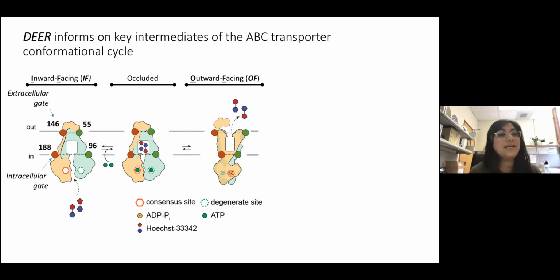So in this case, we can label, for example, BmrCD, 2 sites on the intracellular gate and 2 sites on the extracellular gate. And we can label them with labels that we can monitor as the protein interconverts between its various conformational states along its catalytic cycle as well.